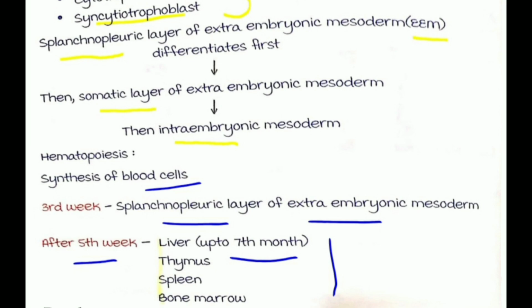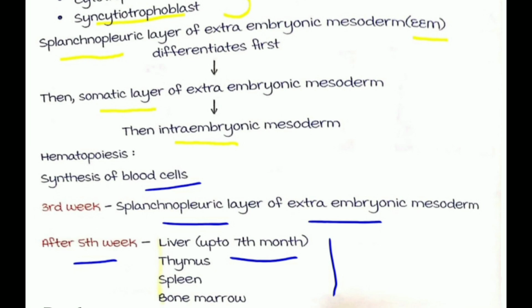And the other process which is taking place in the third week is hematopoiesis. Angiogenesis was the formation of blood vessels, whereas hematopoiesis is the synthesis of blood cells. In the third week, what is causing the hematopoiesis is the extraembryonic mesoderm, the splanchnopleuric layer.